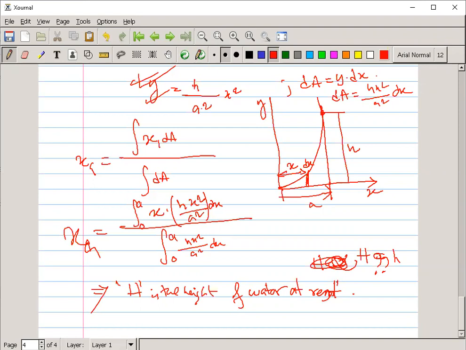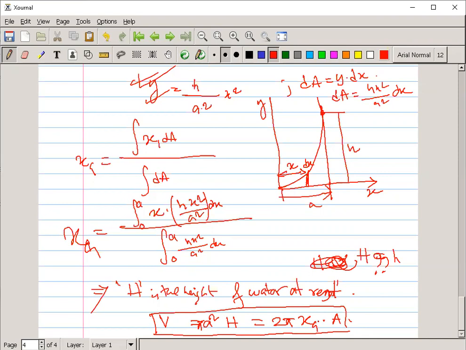So if we consider it like that, the volume, we can write pi a square into H, which is equal to 2 pi xg into area. You have to remember this formula to solve this type of problem. The volume formula you all know, pi r square into h, that is the volume.